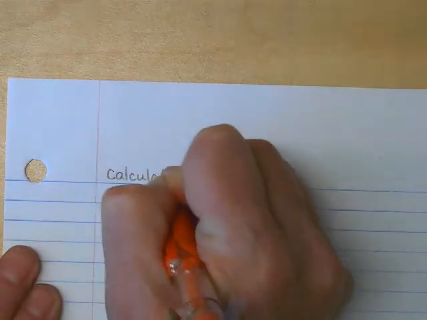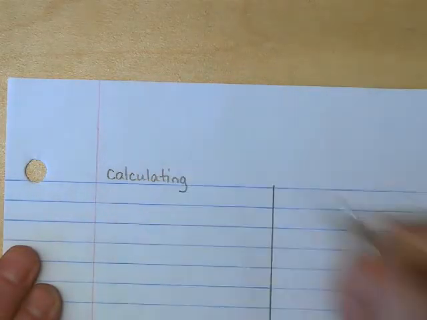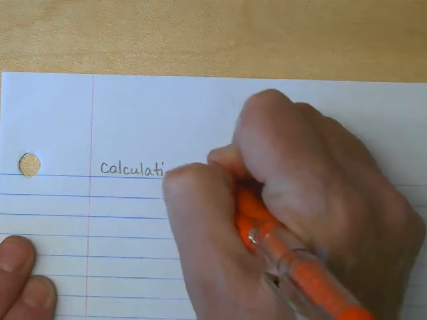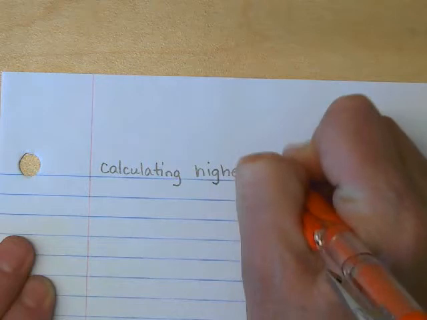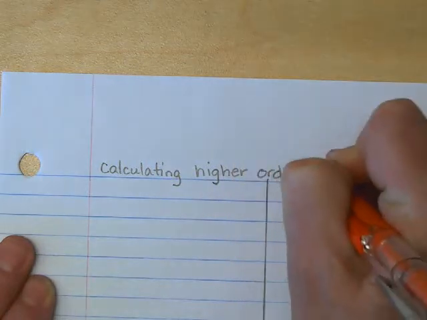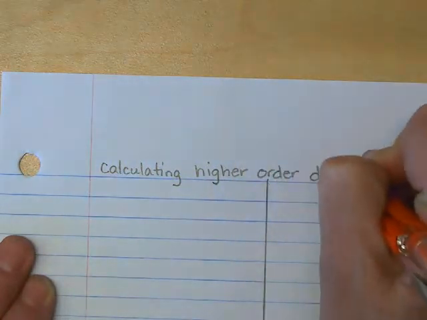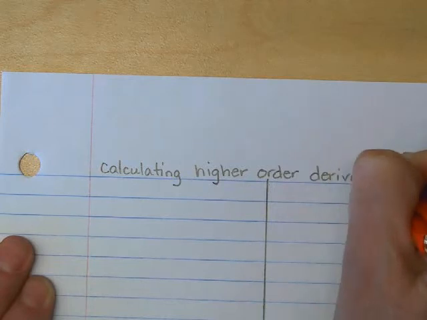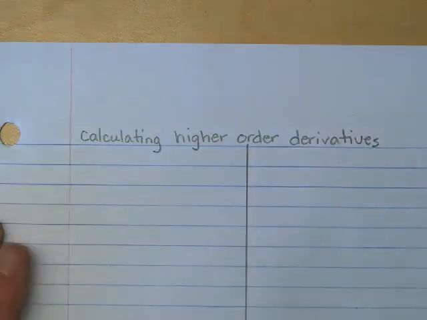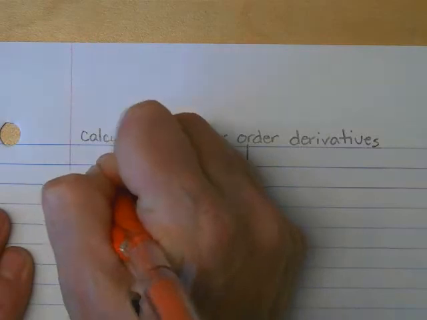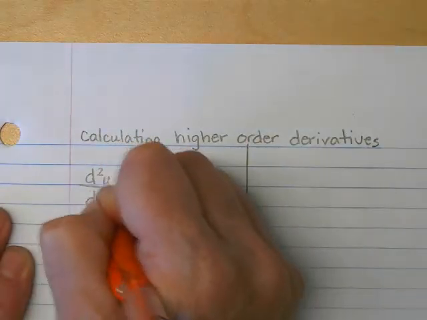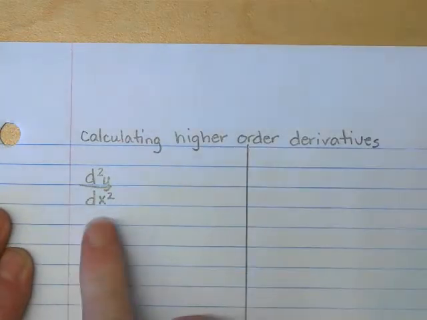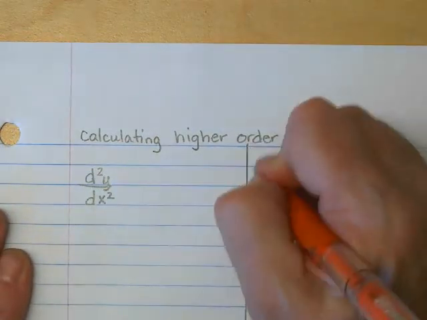So let's do calculating higher order derivatives. So that we're finding, we're going to call it d squared y dx squared. Okay, remember that's one of our notations.